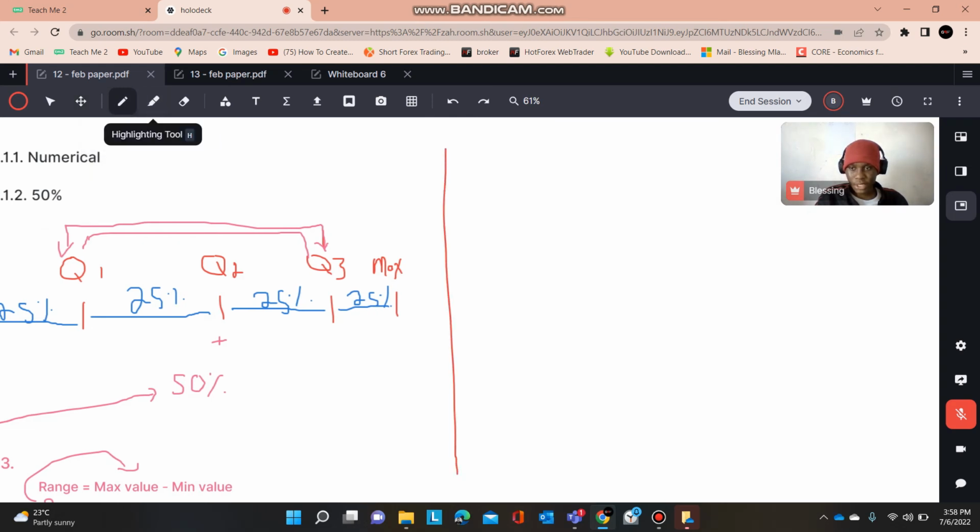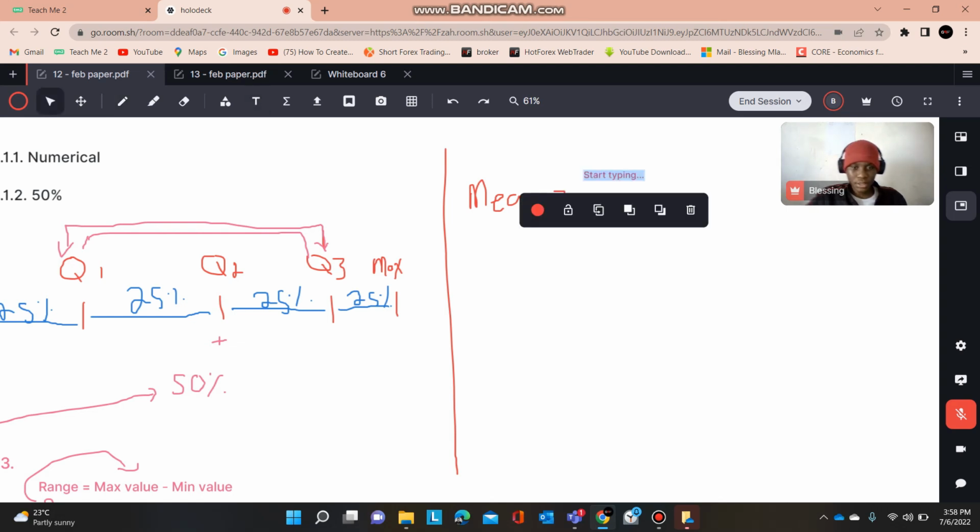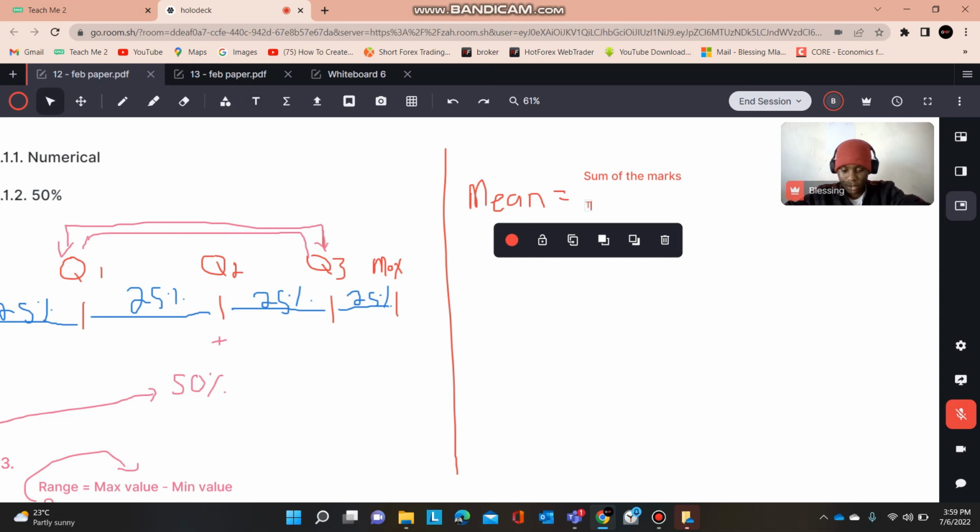To calculate the mean, what I do is I take the sum of the marks, and then after the sum of the marks I divide it by the total number of learners.